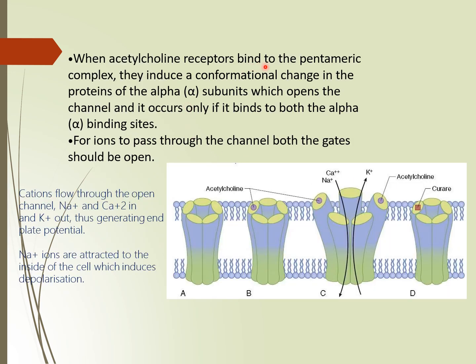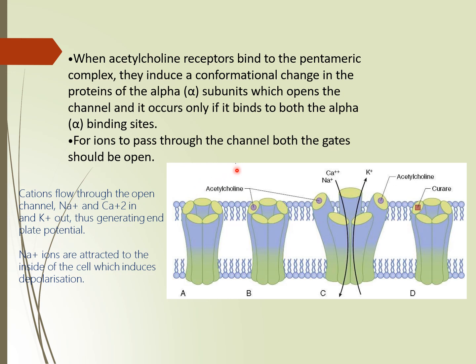When acetylcholine binds to the pentameric complex, it induces a conformational change in the proteins of the alpha subunits which opens the channel, and this occurs only if it binds to both alpha binding sites.